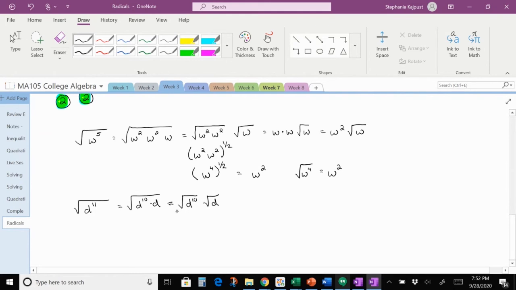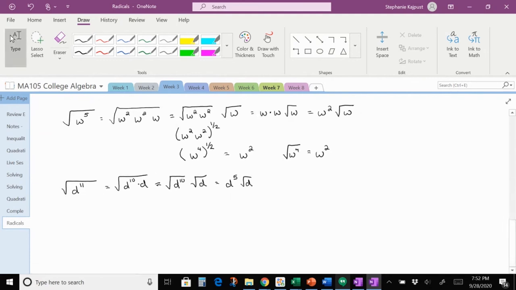And then that square root divides that exponent of 10 by 2, so I'm left with d to the 5, and then my square root of d. And that rule works whether it's a number or a variable. You're just looking at the exponent, and it's doing things to the exponent to make it smaller, and it allows you to bring it outside of the radical symbol.